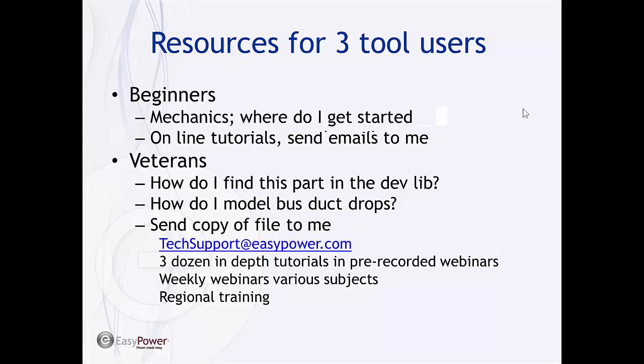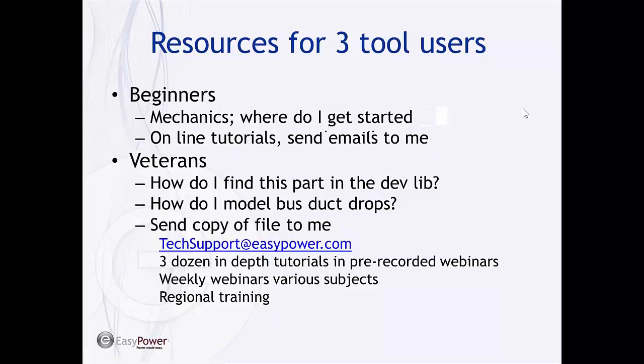Secondarily, if you have some experience with the tools, or you're beyond the point of just learning how to use the tools, there can be very frequently that you'll just have a one-off question that can be answered relatively succinctly via email, or you just want to ask somebody a question real quickly. Well, frankly, that's the focus mission of tech support.